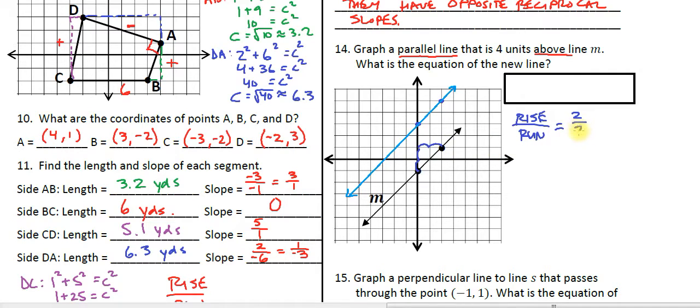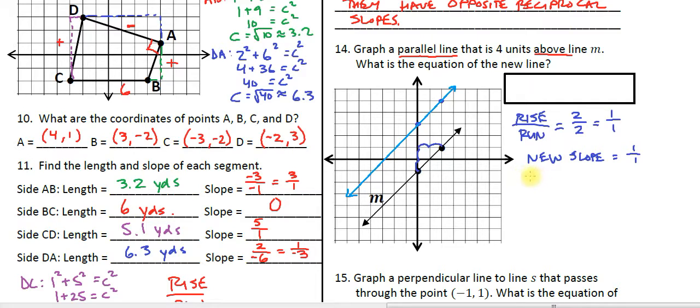That's positive 2 on the x-axis, and I can simplify that, divide both numerator and denominator by 2, and I've got 1 over 1. So that means our new slope has to be the same as our old slope, so our new slope is also going to be 1 over 1.